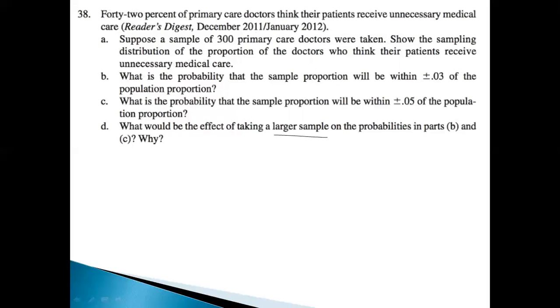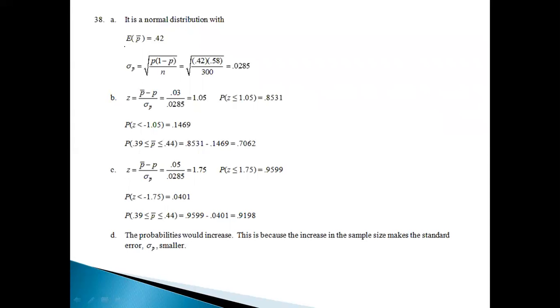So suppose we had the 300 primary care doctors. So we're going to have n equal to 300, and our p is going to be 0.42. All right, so the expected value is going to be 0.42. For the sigma p, we just put that 0.42 in here, and the n was 300, so that's going to give us the sigma p is 0.0285.